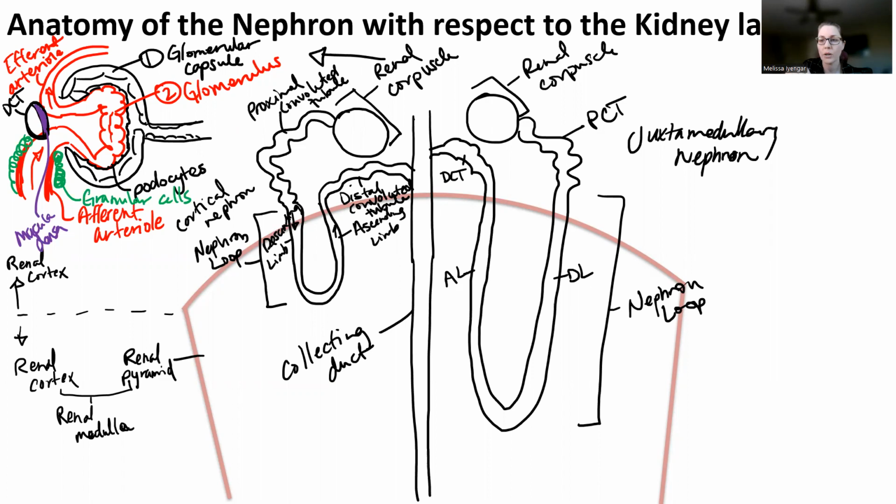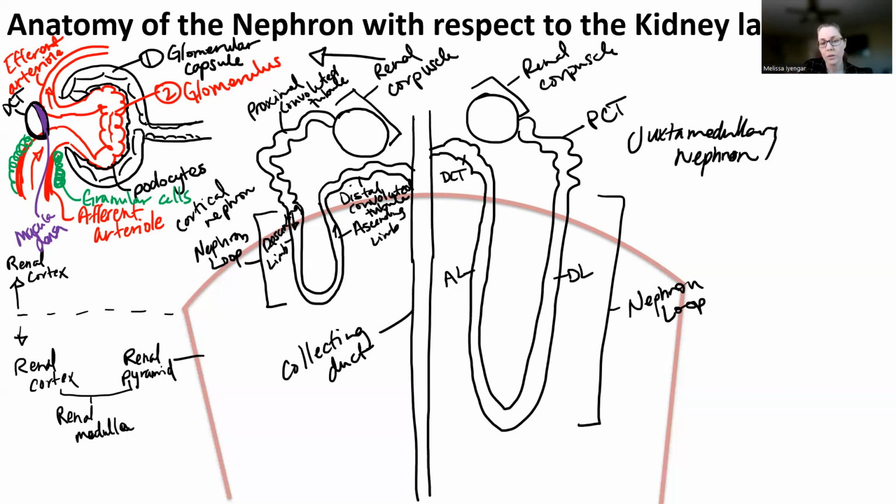The reason for the much longer nephron loop is it's going to help us create an osmotic gradient, or a salt gradient, inside of the medulla so that we can concentrate urine using that osmotic salt gradient, right? We need that really long nephron loop to help us continue to pull stuff from the nephron loop to create that osmotic gradient that's going to be from a low concentration in the cortex to a high concentration towards the bottom of the renal medulla.